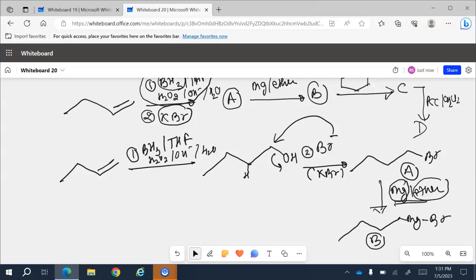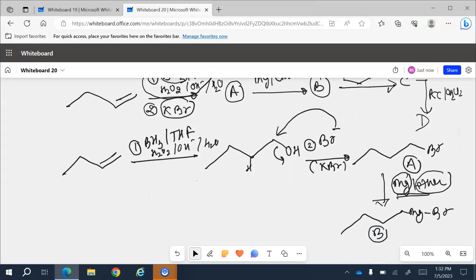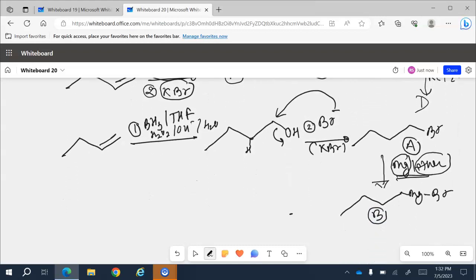Now this one is reacting with this aldehyde, the aldehyde with the cyclohexane. And for this reaction, as you know, this carbon attached with the magnesium is slightly negative and magnesium is positive. So this is the one that will react on the carbon center.